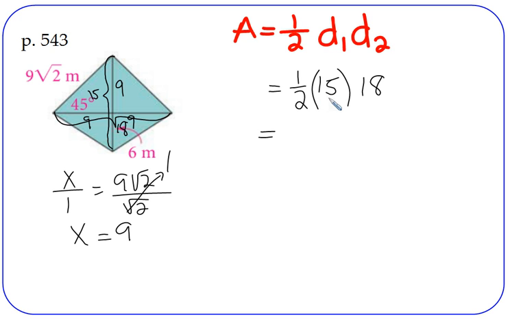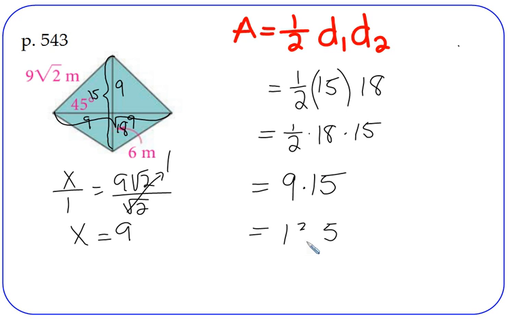Okay, well, I don't want to work with decimals, so I'm going to do the commutative property of multiplication, and I'm going to multiply times the 18 and then times the 15. Half of 18 is 9 times 15, and 9 times 5 is 45, and I would carry my 4. 9 times 1 is 9, plus 4 is 13. 135, and that would be meters squared.